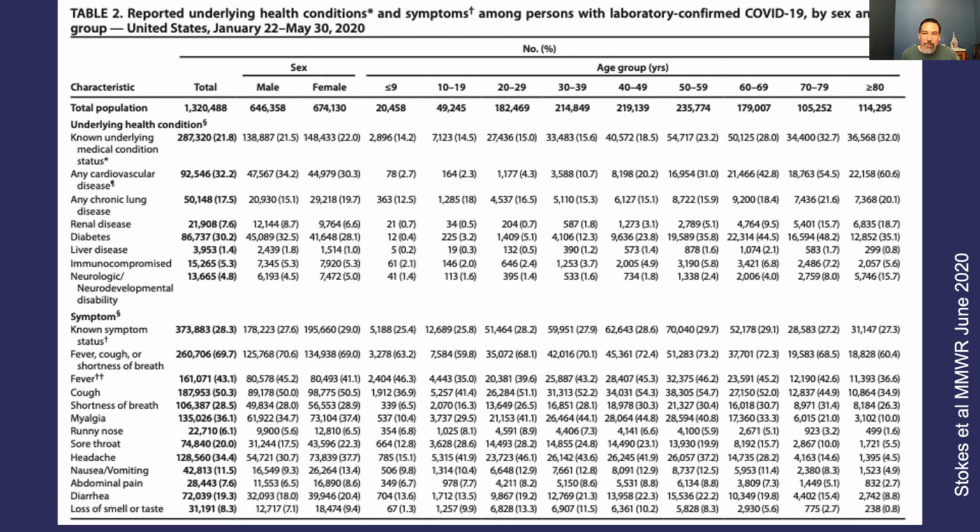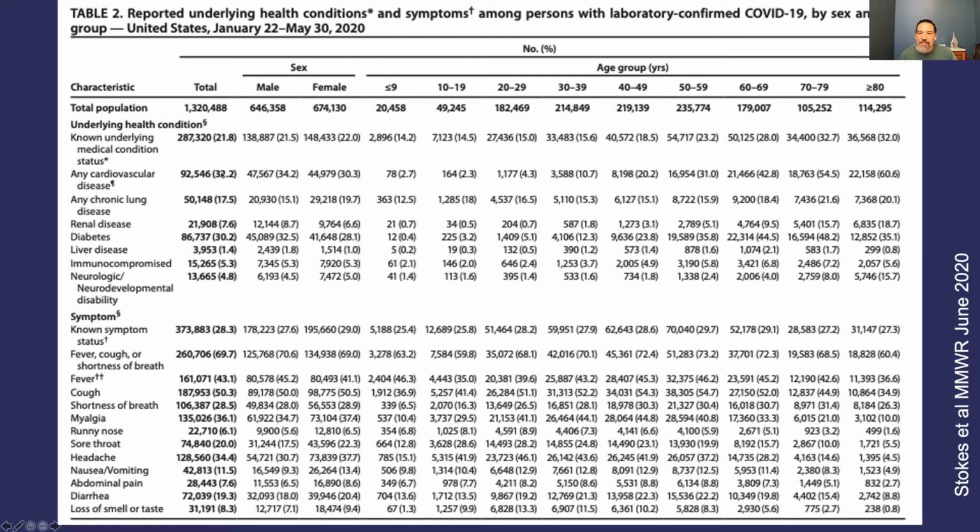About 21.8% of the cases that were reported to CDC actually had available information on underlying health conditions. It doesn't mean the other 80% didn't have them, but it wasn't reported. So they did an analysis that looks at just those 287,000 cases for whom information was reported, in this case, underlying health conditions.